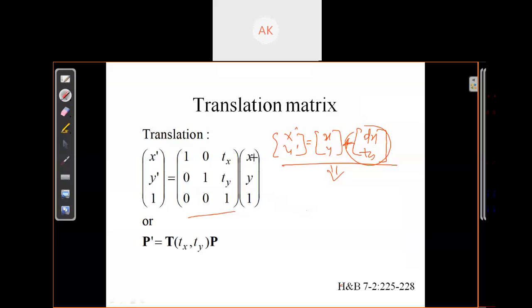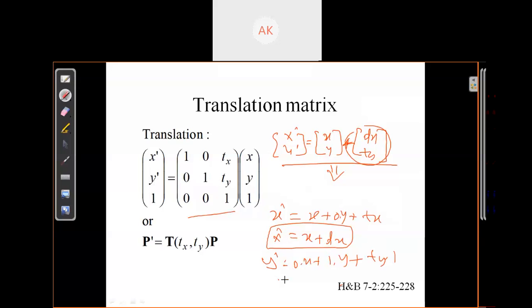Here x dash equals 1 into x plus 0 into y plus tx into 1. Ultimately what you are writing is x plus tx as the result. And for y, you can write y dash equals 0 into x plus 1 into y plus ty into 1, so you will write y plus ty.